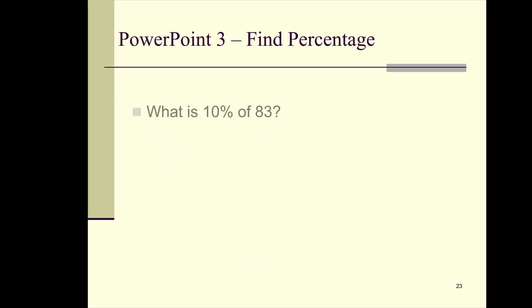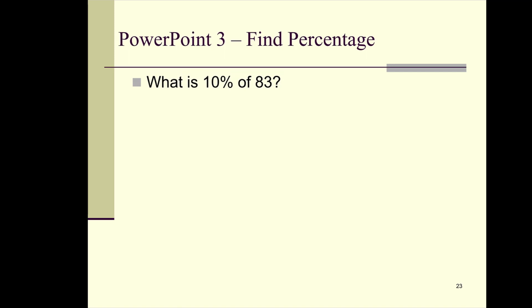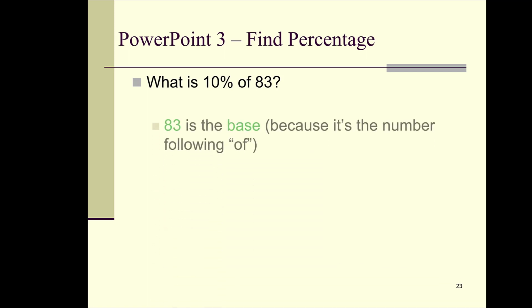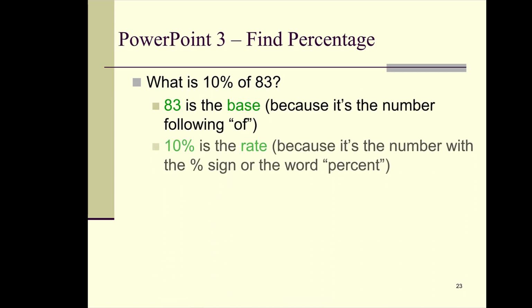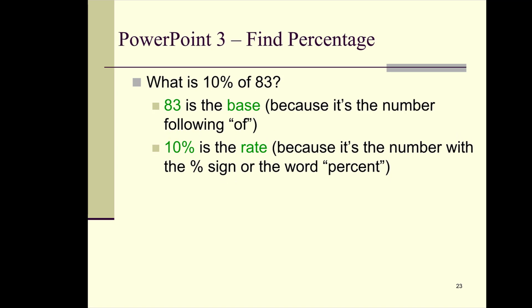Let's do another one. You can probably do this one in your head too. What is 10% of 83? Well, I always try to find the base first because it's the number that follows the word of. So 83 is the base because it follows the word of. 10% is the rate because it's the number with a percent sign or the word percent.